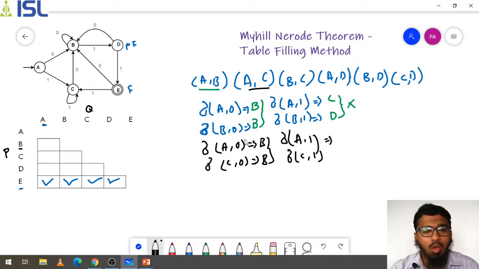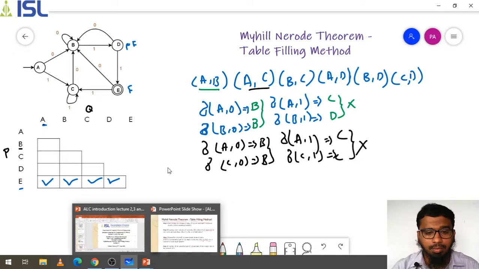So here A comma 1 is going to C, and C comma 1, as per this, is going to C only. So this is also not needed. Okay.